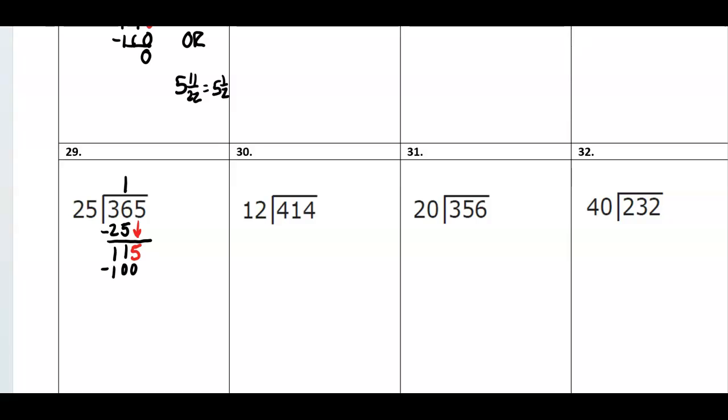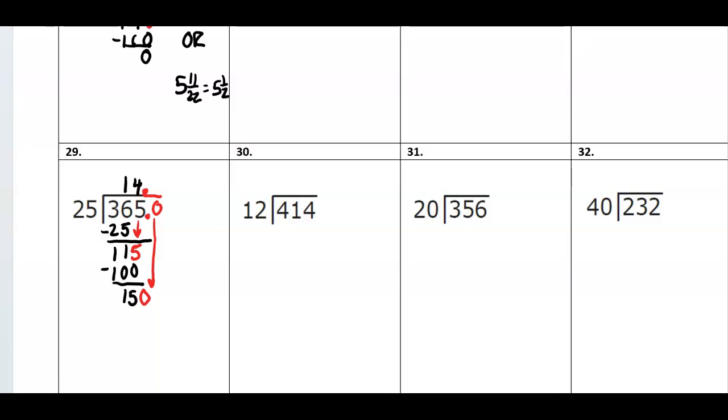Notice if you had put 5 times, that'd be too much, right? That would be 125. I can't subtract 115 from 125. So sometimes, again, you're going to have to try some stuff to figure it out. Productive struggle. So you got 1 left over, drop down the 5. This is where a decimal comes into play. Decimal, extend it, 0, drop it on down. So now 25 into 150.